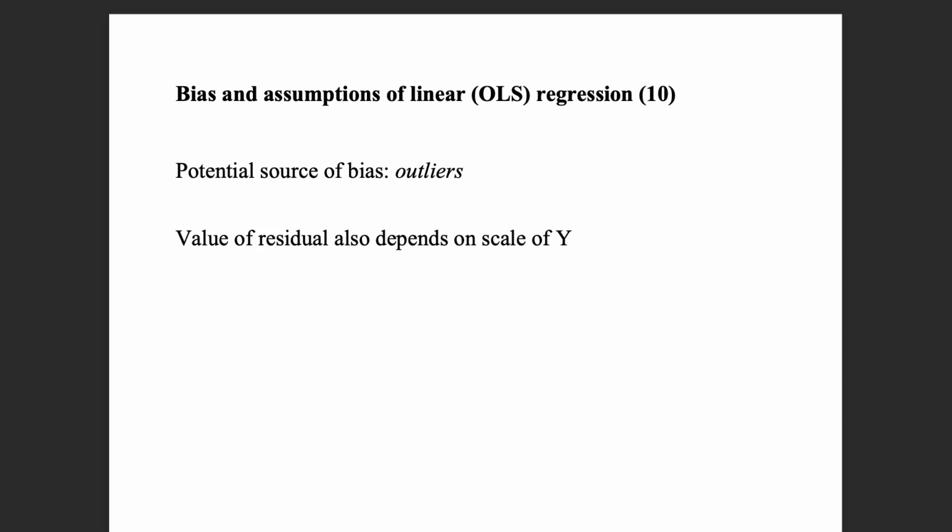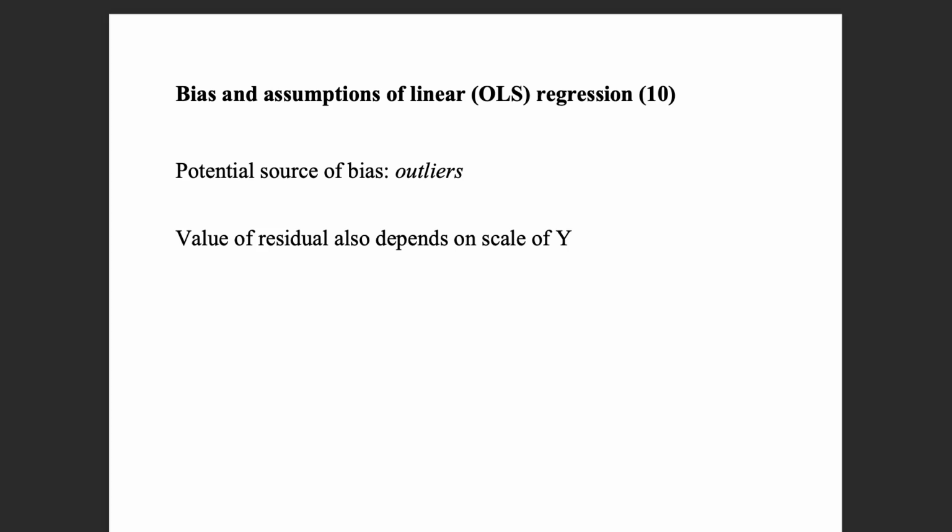The difficult thing about that is, of course, that what value residuals take depends on the scale of your dependent variable, right? If your variable is measured on a scale from 1 to 10, that gives you different values for the residuals than if the scale is from 1 to 100 or from minus 900 to plus 1 million or something like that.